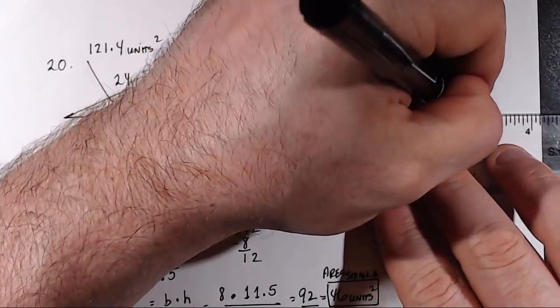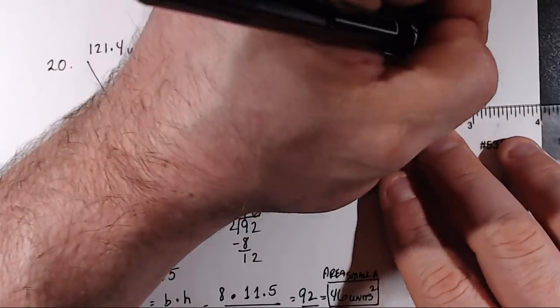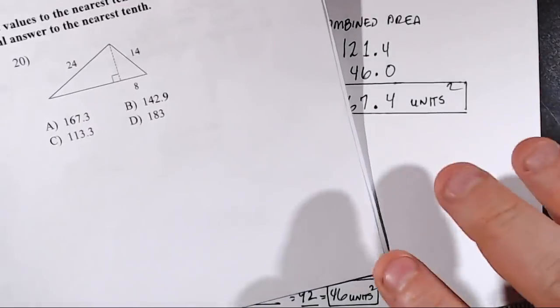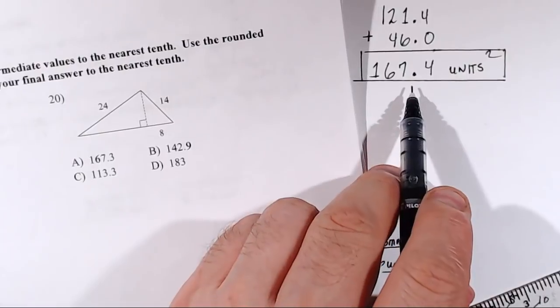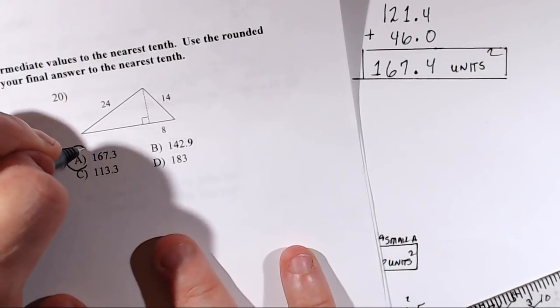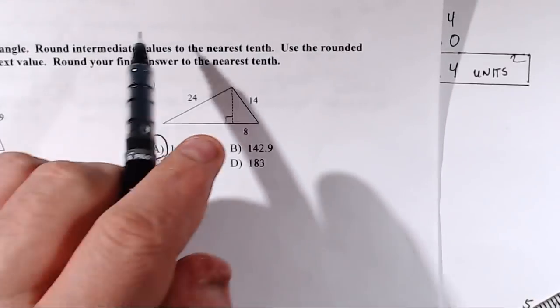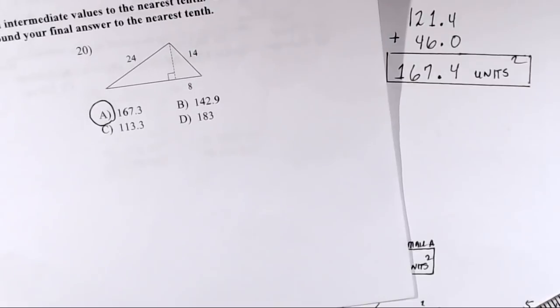And there again, look. Now see, I feel like we did everything right. I mean, I don't know what's wrong. But look at the answer choices. You've got 167.4 is what we calculated. And this is the closest thing to it. So, you know, again, math works, right? But somewhere in here, rounding to the nearest tenth, something didn't go right.